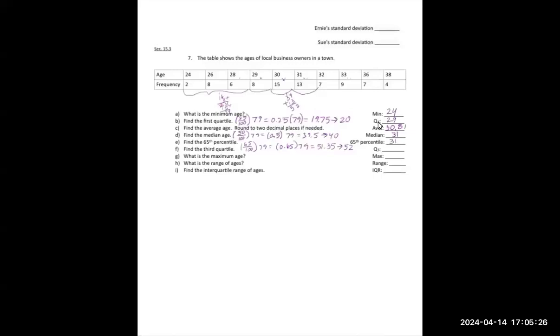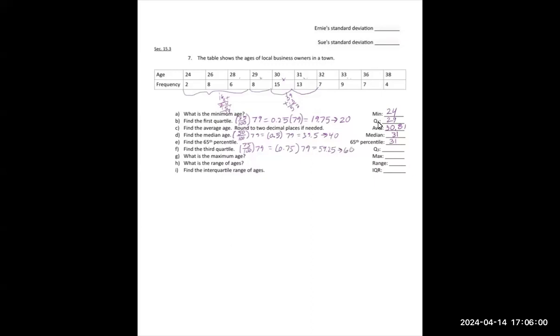All right, then let's find Q3. Q3 is the 75th percentile. Find the third quartile, or Q3, which is 75 over 100 times 79. So that's 0.75 times 79, which is 59.25, which rounds up to 60.